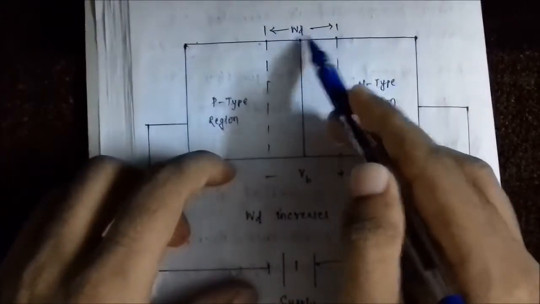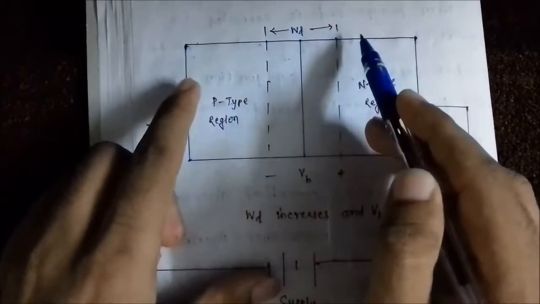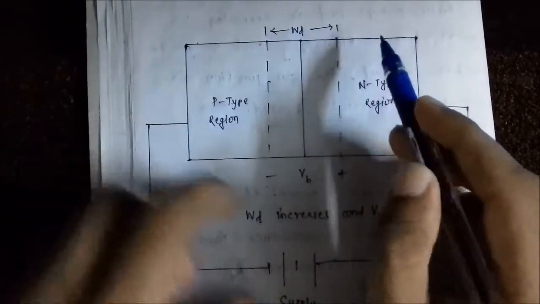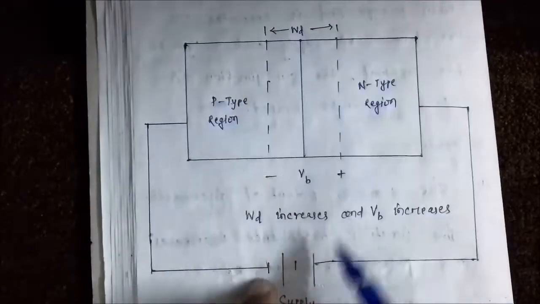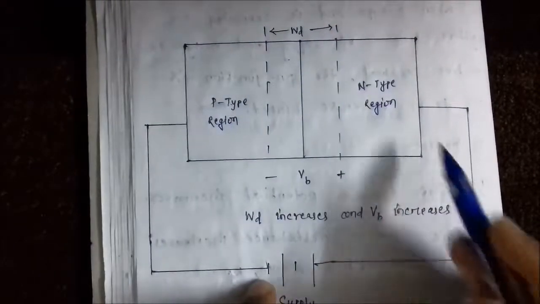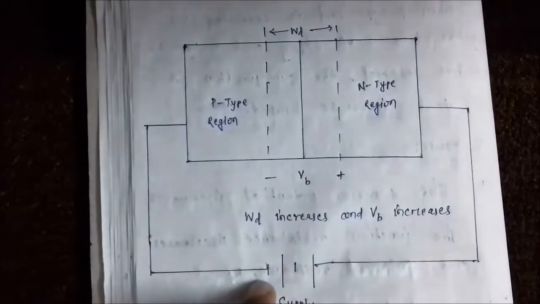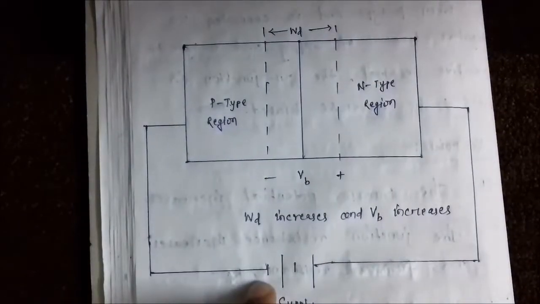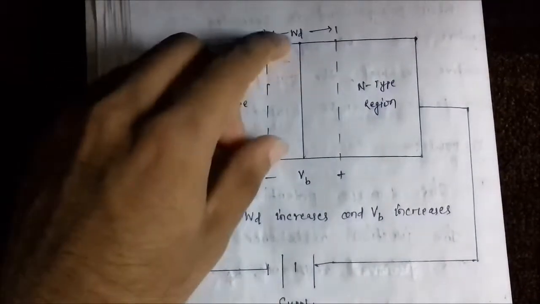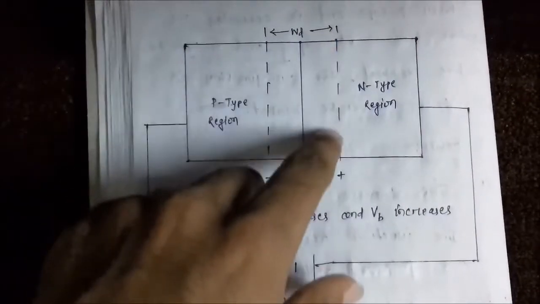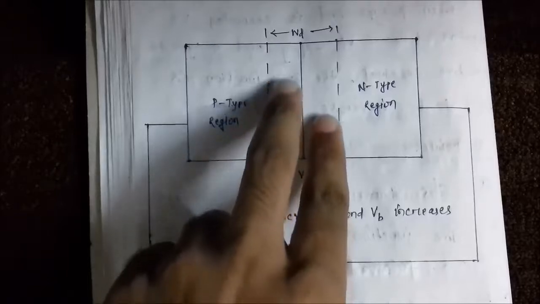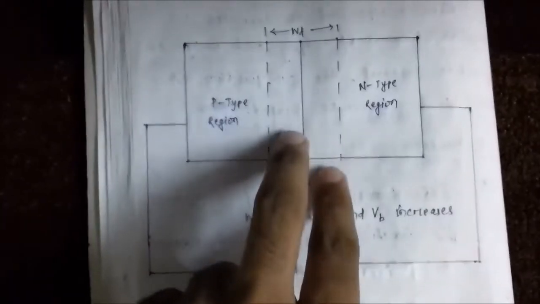The depletion region width too increases as the negative terminal attracts the holes towards it and the positive terminal attracts the electrons towards it, thereby depleting more and more of the PN junction region of charge carriers. So no holes are present in this region, no electrons are present in this region. Altogether, no charge carriers are present in this region.